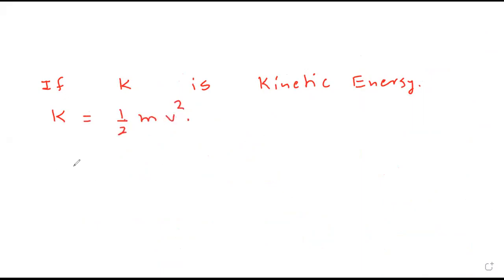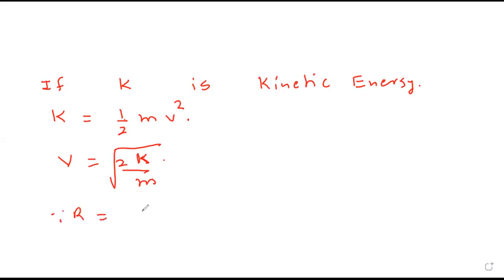If K is kinetic energy, then we can say K equals half m v square. So velocity will become root of 2 times kinetic energy upon mass.